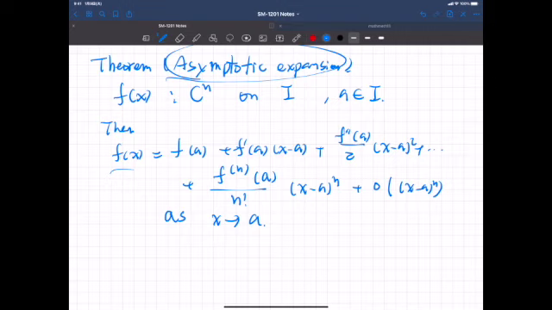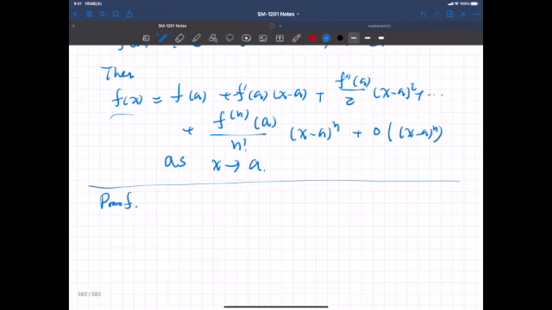Okay, and let's prove this. The proof of this seems almost trivial, since we already have Taylor's theorem. But anyway, let's do it. For simplicity, we consider the case where a is equal to 0. So we consider only the Maclaurin expansion.